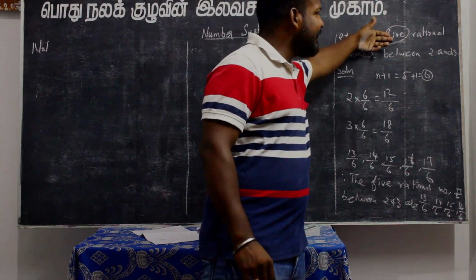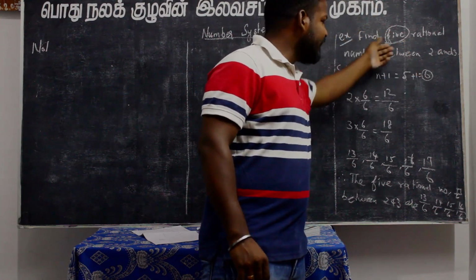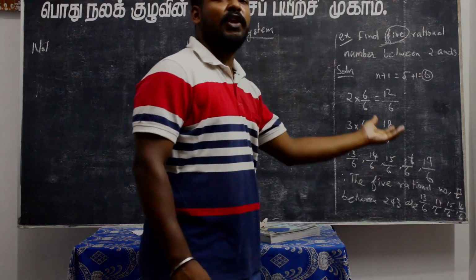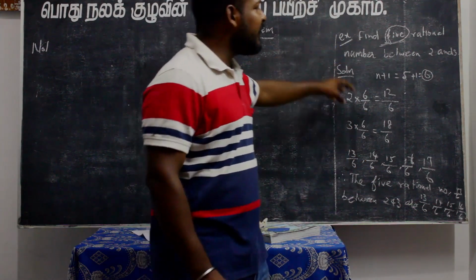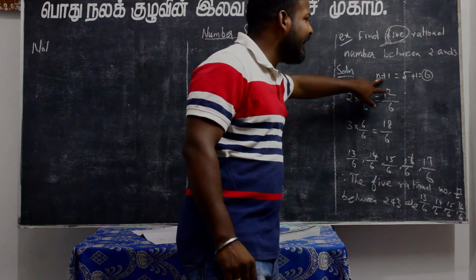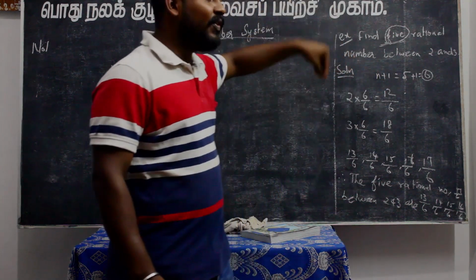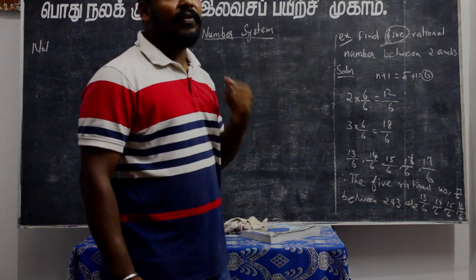If they are asking for 6, then 6 plus 1, 7. With the same procedure, finally you will get 6 rational numbers. The same thing is applicable for n; it depends upon n. So if n is infinite, you will get infinitely many numbers.